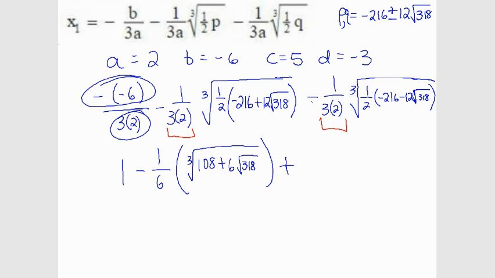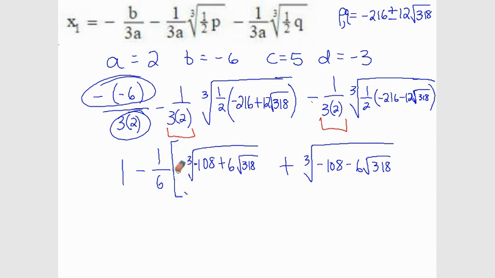So then, let's put a bracket in there. We got the cube root of negative 108, and I forgot my negative there. Okay, negative 108 minus 6 root 318. Okay, and actually, I don't know why I have these parentheses in here. I just want the bracket. I think that's good.